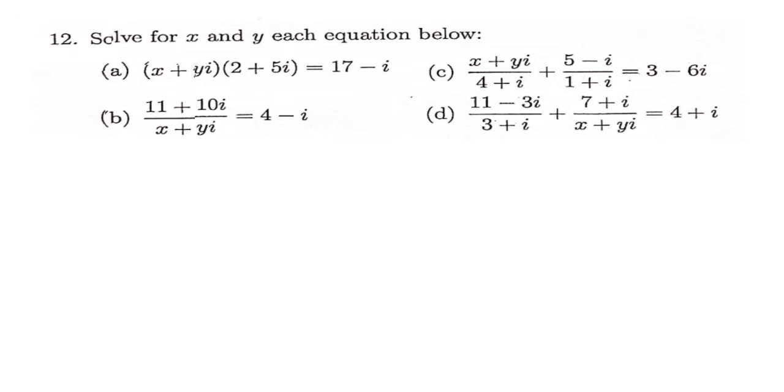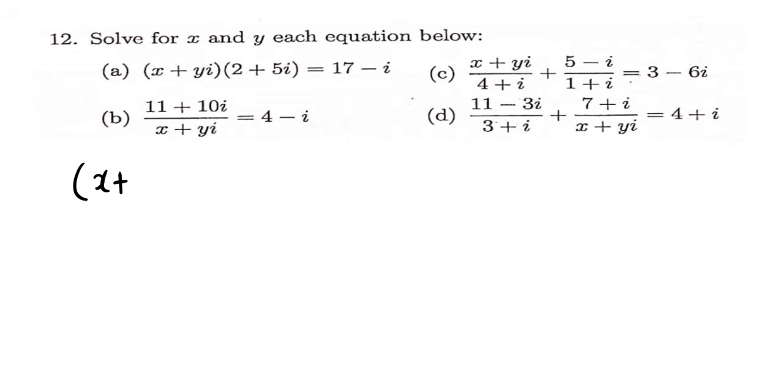Okay, so we've got x plus yi, times 2 plus 5i, is equal to 17 minus i. So this one is just about expanding and solving.